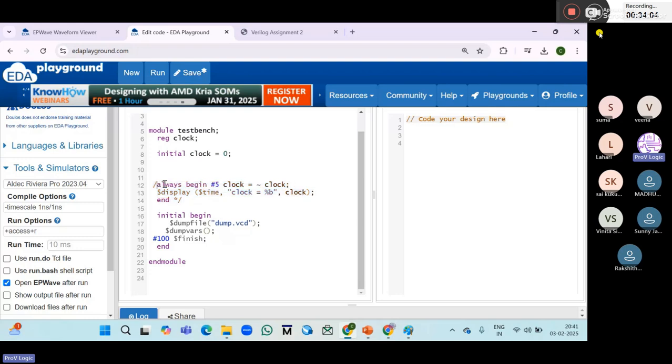We will try this also. I think here it will generate dollar display multiple number of times because we have written it within the always block. So the always block will be repeated a number of times, so dollar display also will be repeated. We'll see what the output will be.